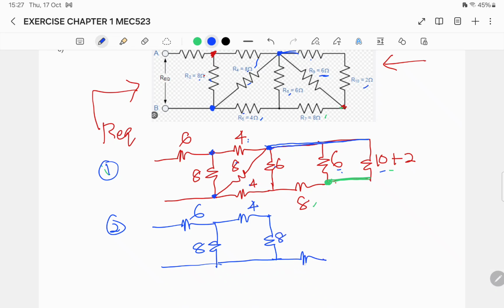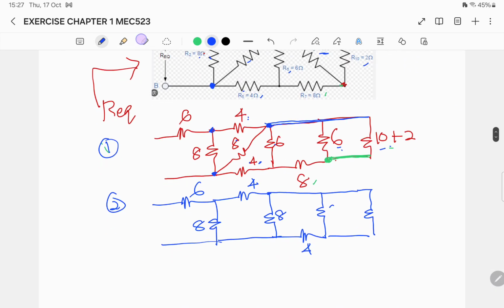Ini apa? Yang bawah ni 4. 4 ni. Lepas tu dia pergi 6. Lepas tu yang ni berapa? Tolong. Sekejap ni 6.